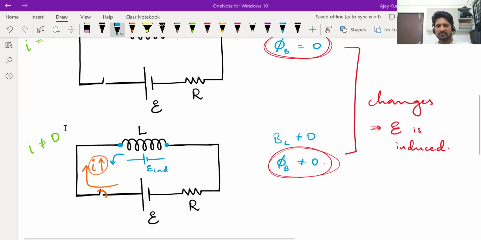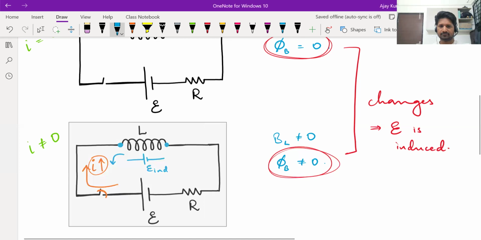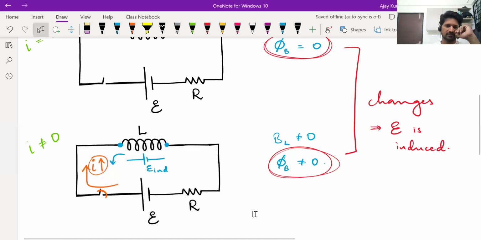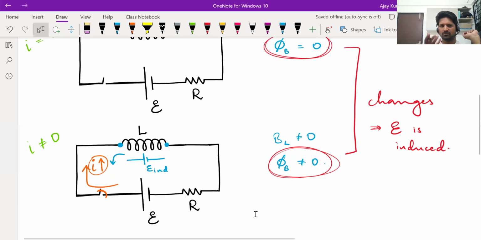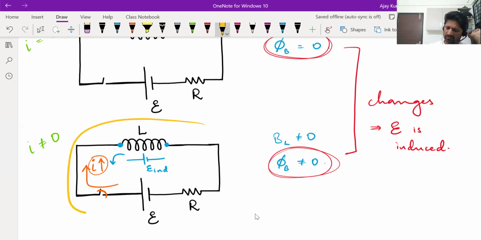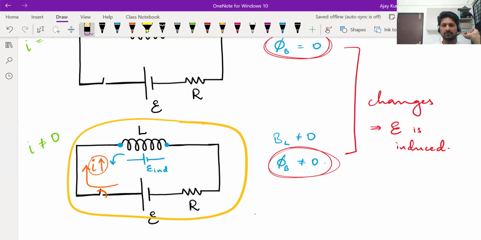Now consider another situation. Or okay, let us discuss this itself a little bit more. The current was initially 0. The moment you close the switch, the current starts to increase. It becomes non-zero. Now, one of you tell me, what is the total resistance of this loop? How much is the total resistance in that loop?